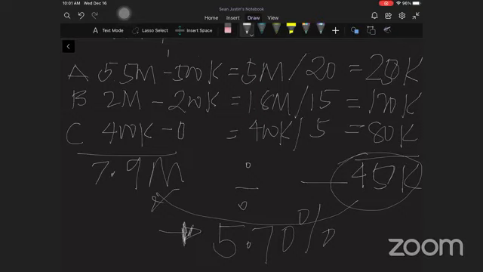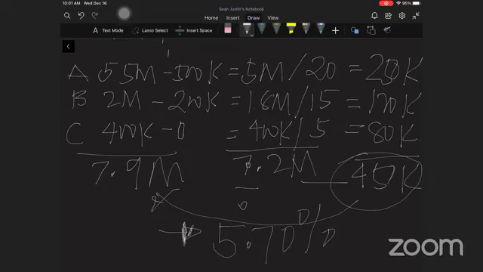Total depreciable amount divided by the total annual depreciation. The total depreciable amount is 5 million plus 1.8 plus 400, that is equal to 7,200,000, or 7.2M.